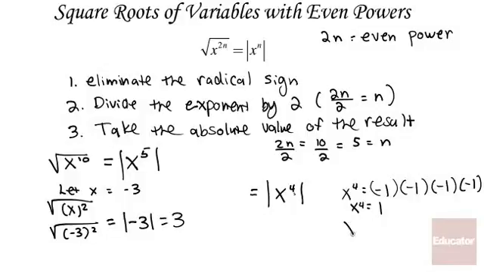Whereas if I look at something like x to the 3rd... so here x was equal to -1, and if I have x to the 4th, it ended up positive. So I actually don't need to write the absolute value, because in this case the expression x to the 4th is positive. The absolute value is already given.